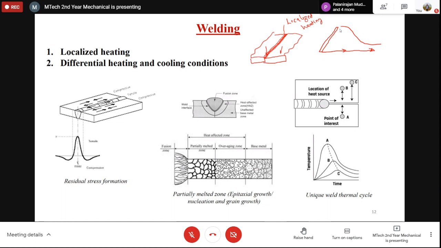So heat transfer from that region will be faster than the rest of the body. Due to this, you get differential heating and cooling conditions. First, we'll have higher heat at the required region, and then gradually, as you move away, the heat will reduce, and the cooling rate will be maximum at the junction as compared with the rest of the body.